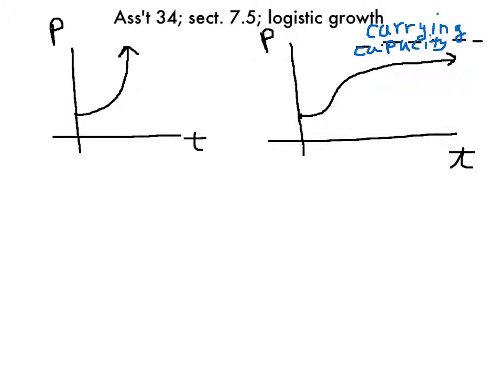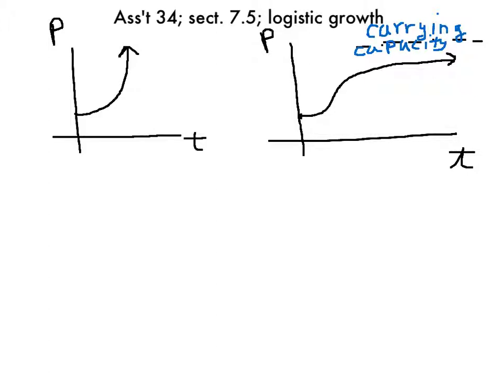What we see on the right side is what we call logistic growth. And the growth starts off very slow, accelerates, reaches a max, and then starts to taper off. And after a while, the growth rate basically approaches zero once again.